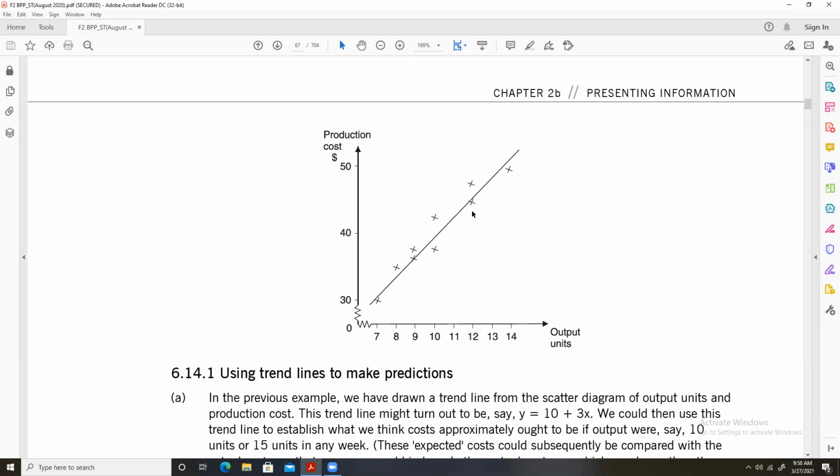Now, if two variables are inversely related to each other, then the trend line will not be an upward sloping line like this, but in fact will be a downward sloping line from left to right, sloping downward from the top left to the bottom right, instead of a direct relation.